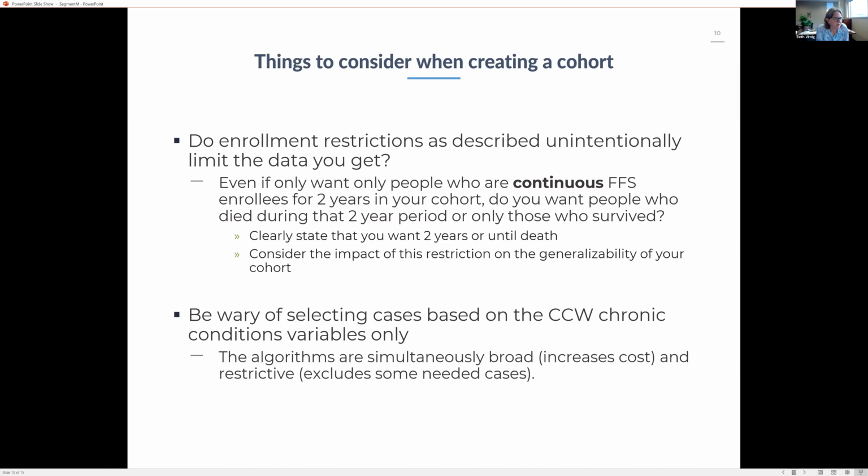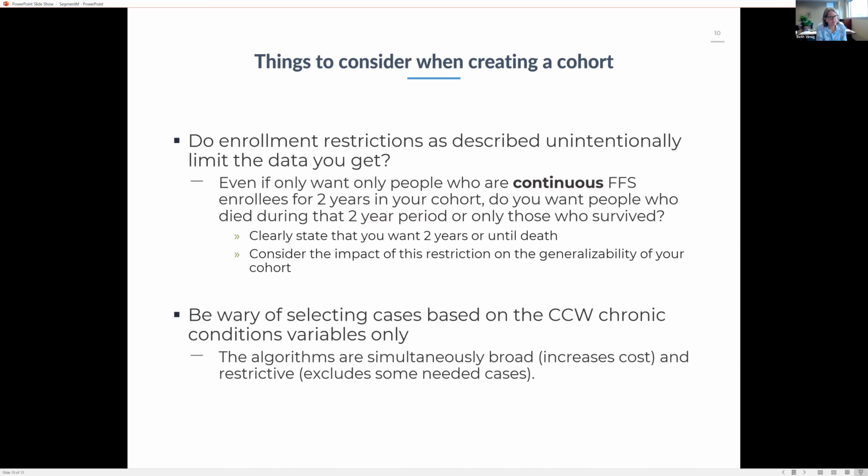My advice, and again, this is just me, is don't be afraid of the word "and," so you don't have to select using one thing only. You can use a range of things. So I personally can be very wary of selecting cases based on the CCW conditions only. And that's because the algorithms are a funny mix.